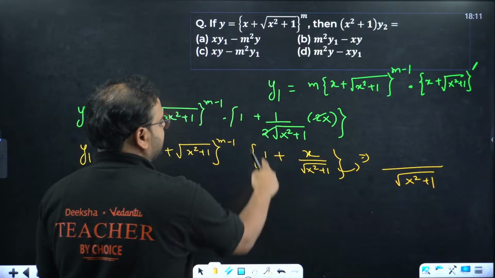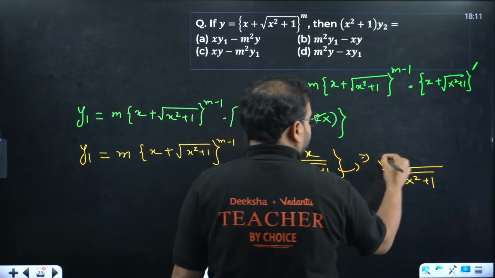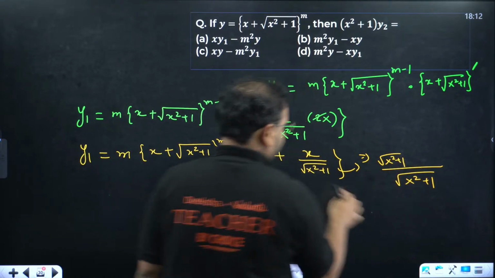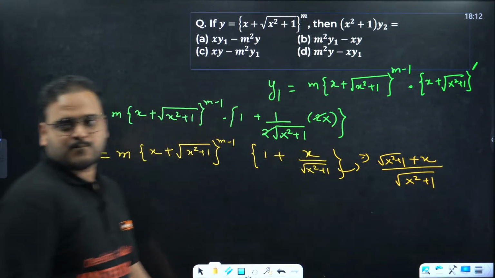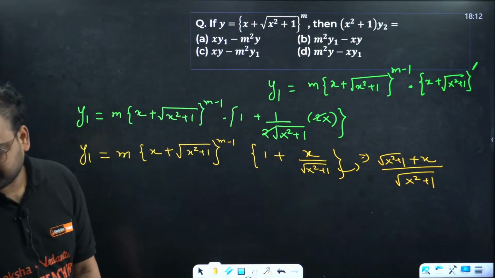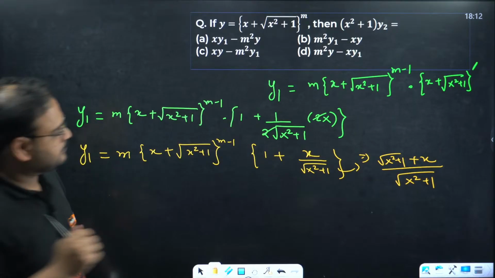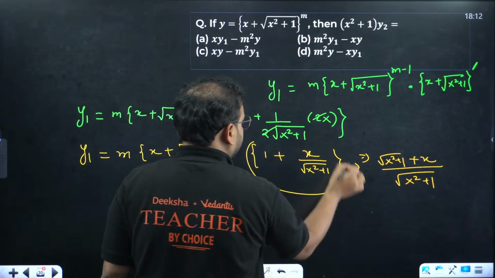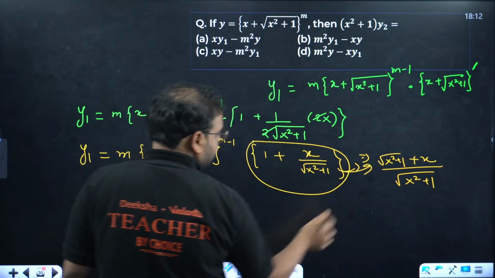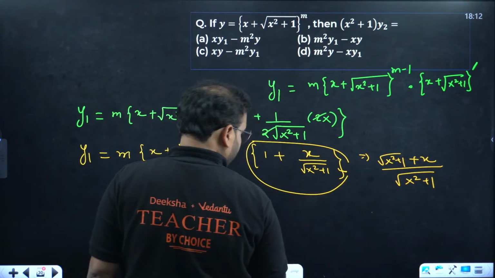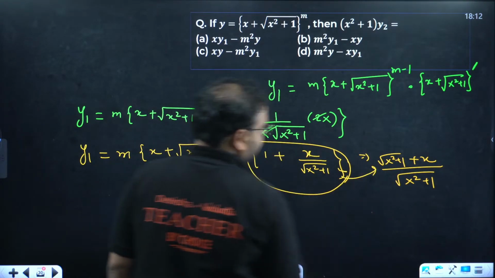And this will become x square plus 1 again, because it is 1 plus multiply and plus x. Clear? Just this part I explained over here. This part is explained over here.